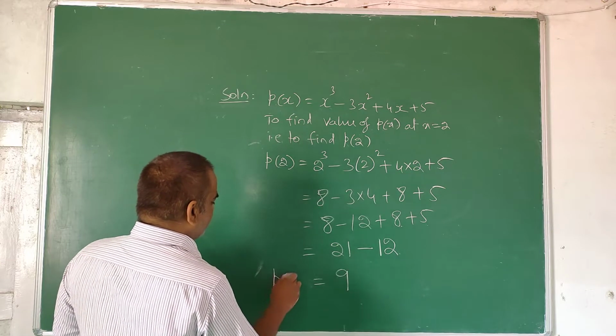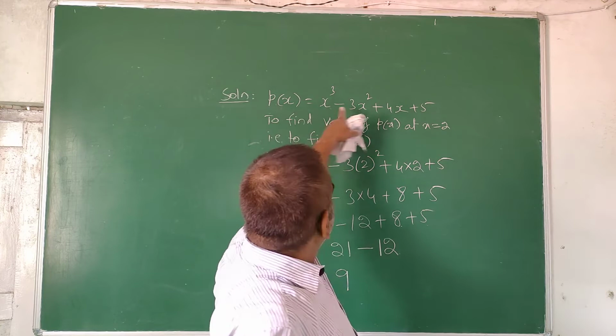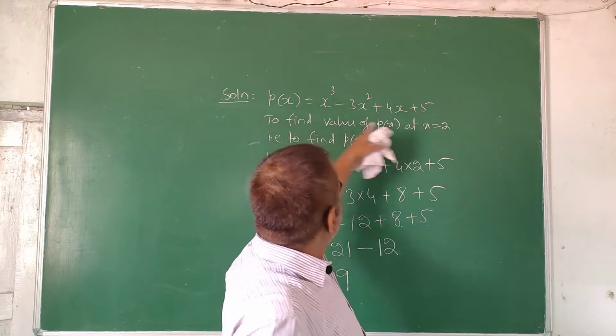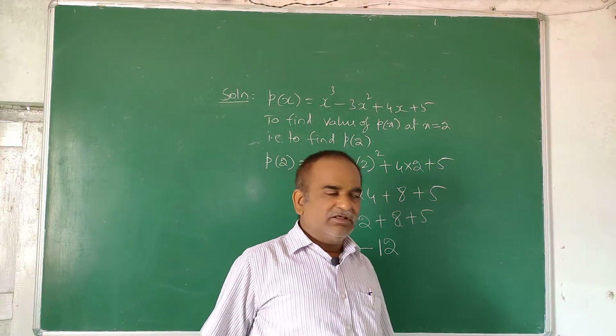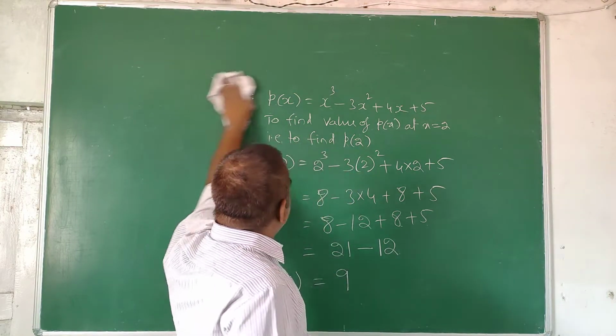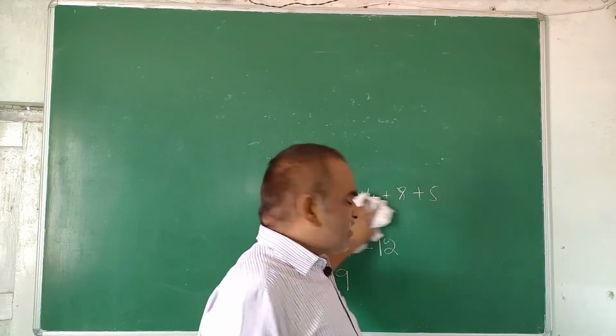So p of 2 is equal to 9. So the value of this polynomial at the given point 2 is 9. Understood?